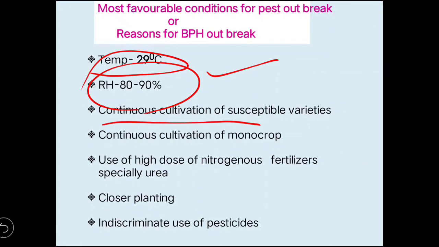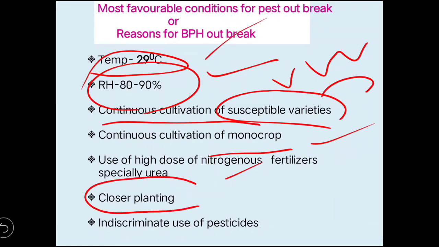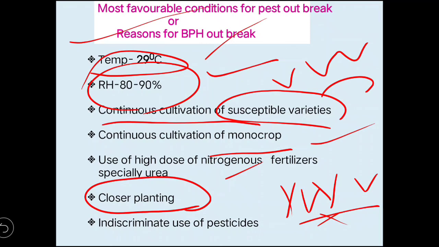Continuous cultivation of susceptible variety: if you are growing the susceptible variety continuously, then also the BPH outbreak will occur. Monocropping is another reason. Using a high dose of nitrogenous fertilizer, especially urea. And the most important thing, closer planting. If you are growing rice without maintaining the spacing, then BPH will attack.